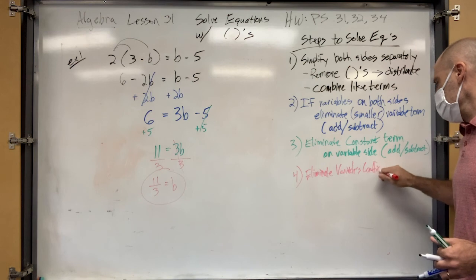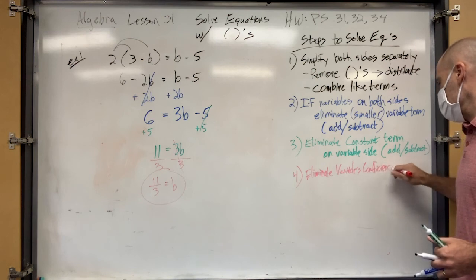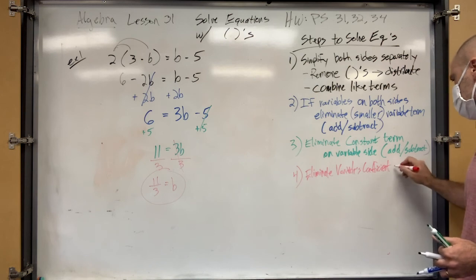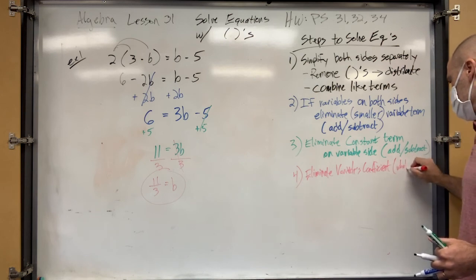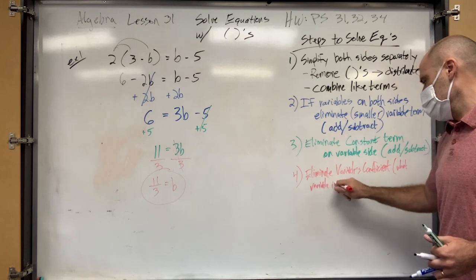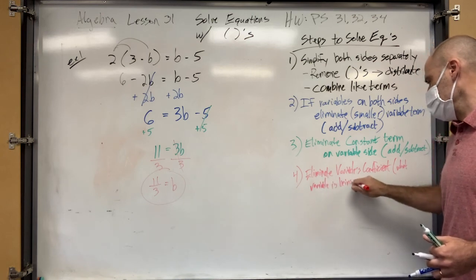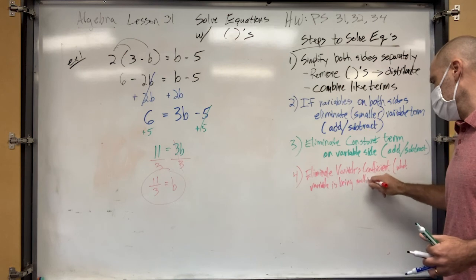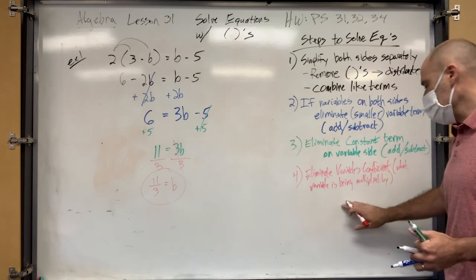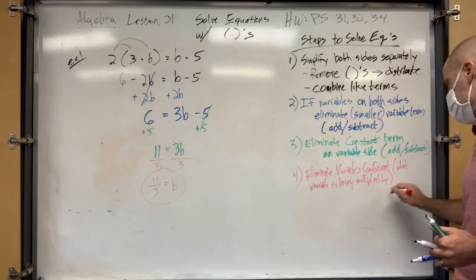But just a reminder, coefficient is what the variable is being multiplied by. Okay, to get rid of something that's being multiplied, you divide.